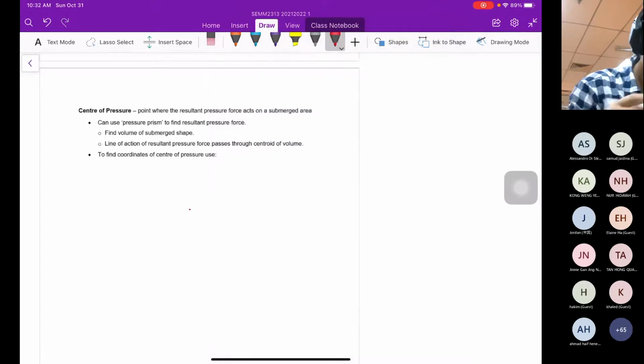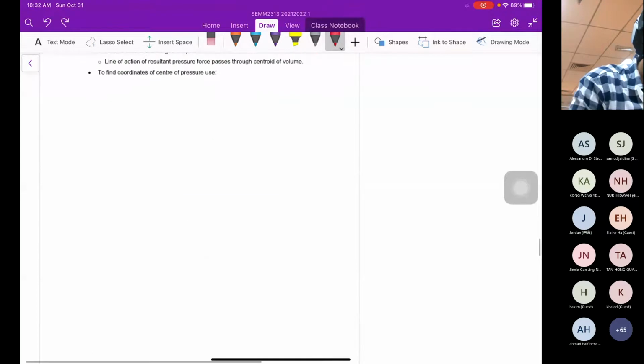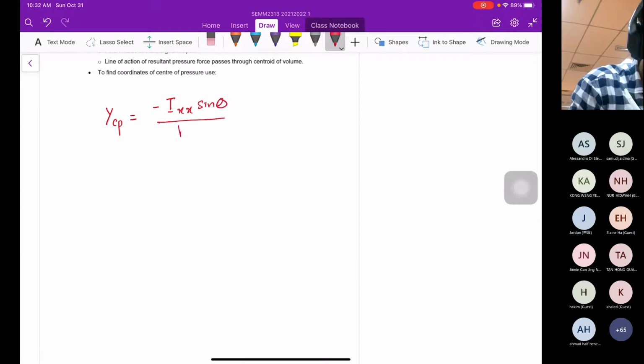Okay. Y or capital Y, you can use YCP equal to negative IXX sine theta over HCA. Okay, this is the Y direction.